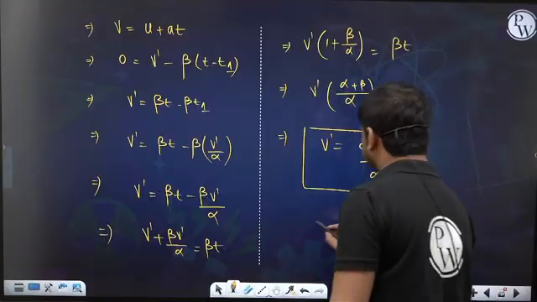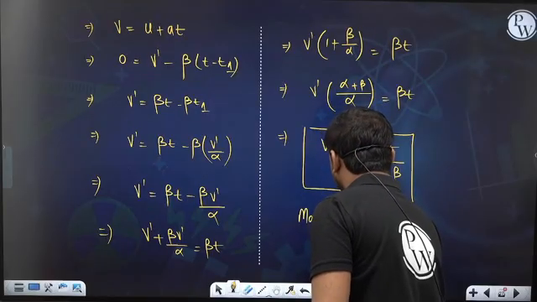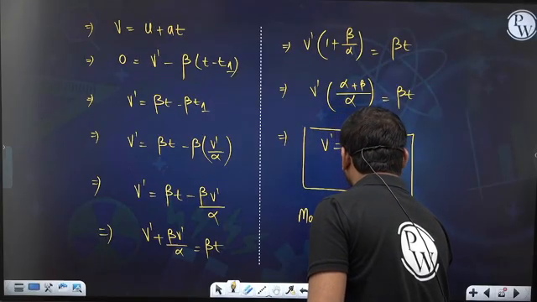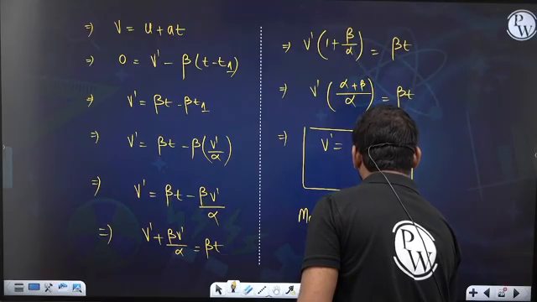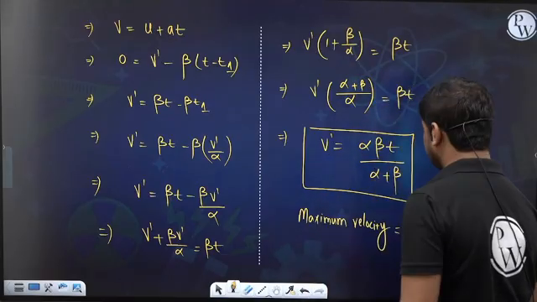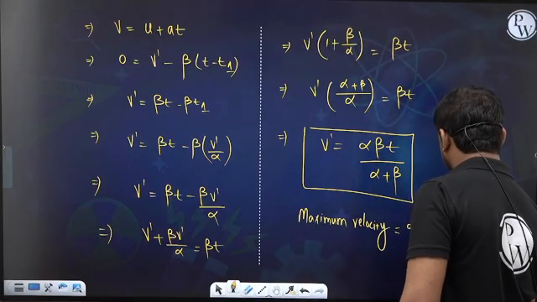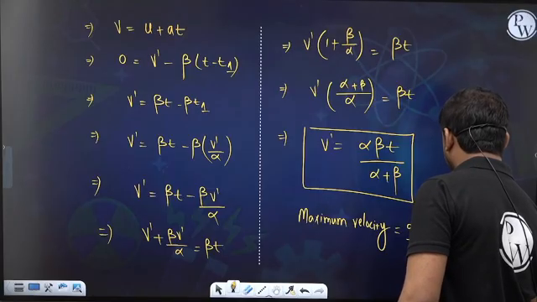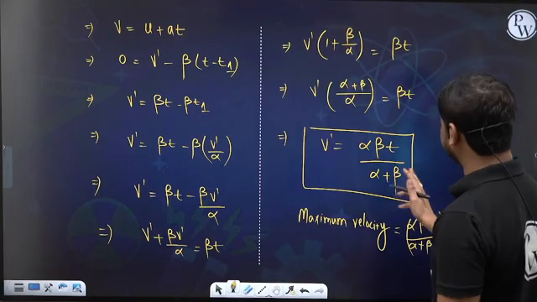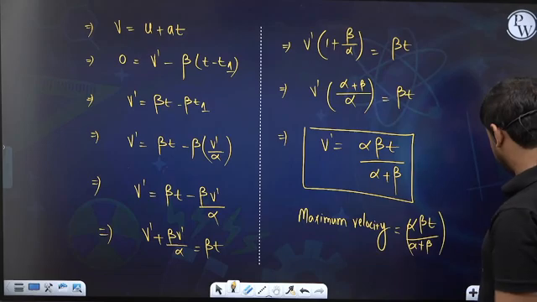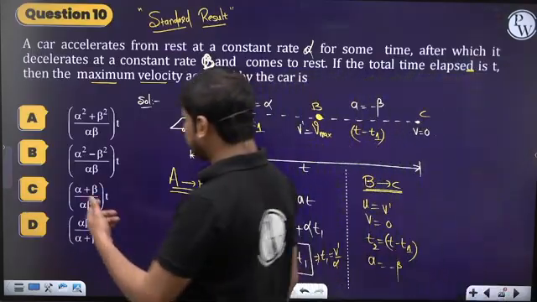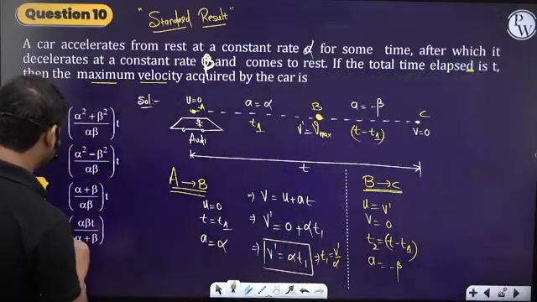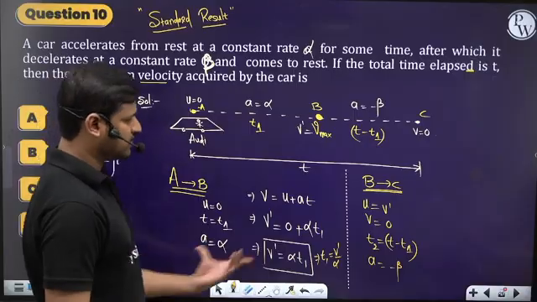Therefore the maximum velocity will be alpha beta t by alpha plus beta, or alpha beta by alpha plus beta into time t. So option D is the correct one.